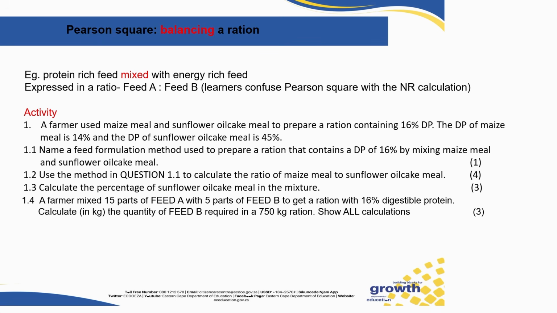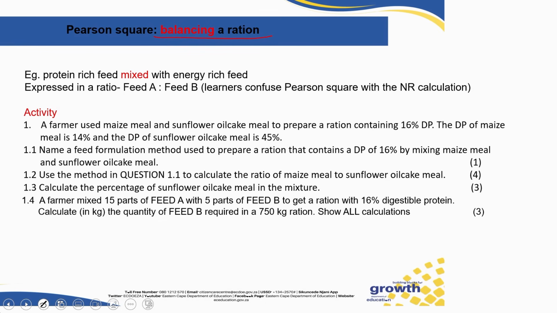I think what confuses the learner is that at the end, the question of calculating a Pearson square asks you to calculate the ratio in which feed A needs to be mixed with feed B. So the Pearson square is about balancing a ration, whereas with nutritive ratio, we're looking at the quality of a protein in a feed.